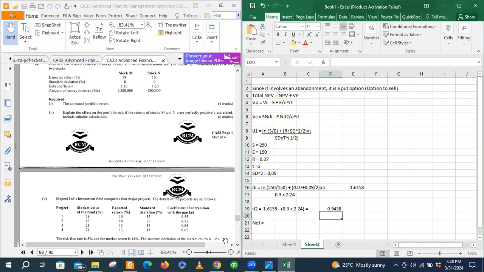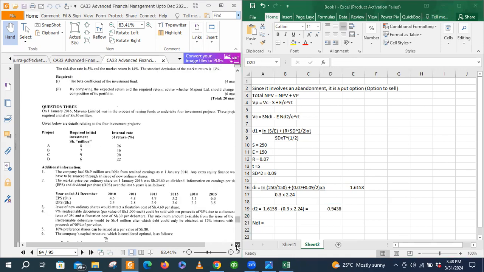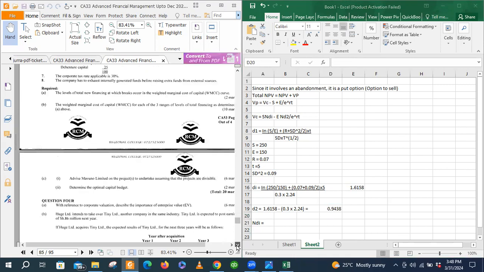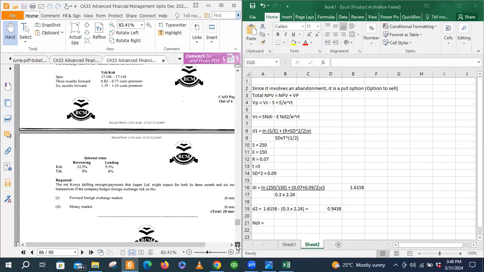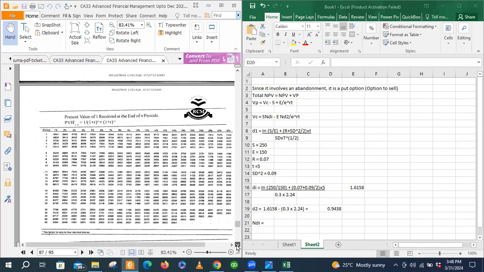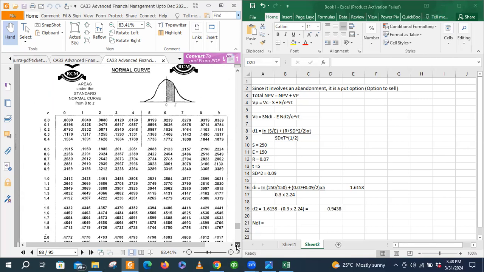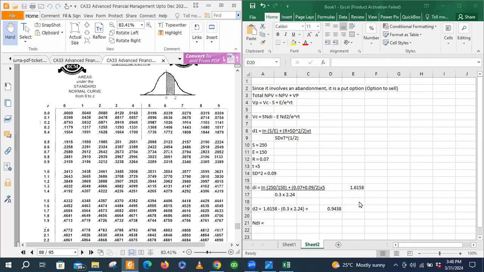I was just trying to check if this setting has the normal distribution table. Yeah, it does. Good. So if D1 or D2 is positive, then our N(D1) is 0.5 plus, more than 0.5.